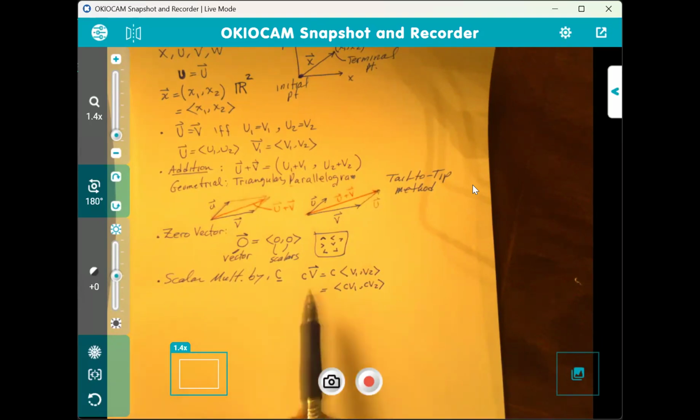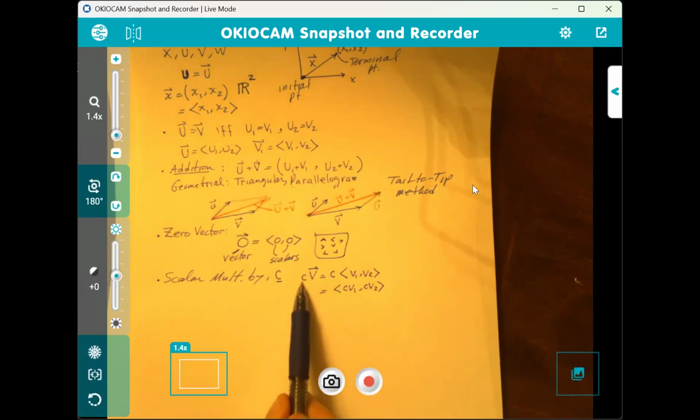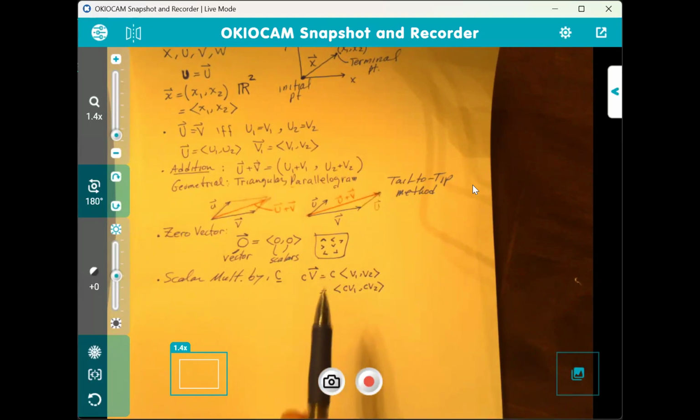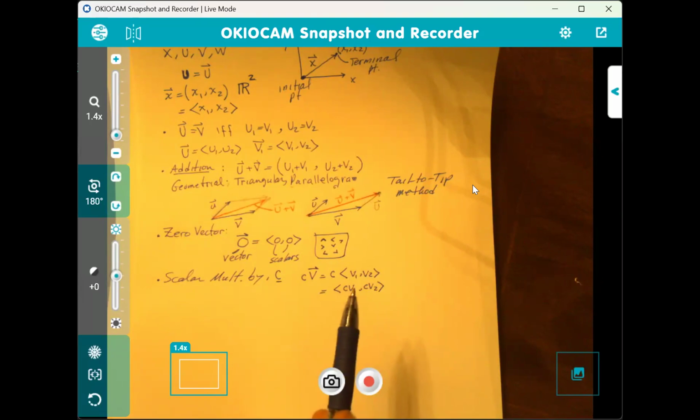So for example, whatever vector V is, if I do 5V, it's going to be 5 times the magnitude of vector V. Okay, so if vector V, for example, is a unit vector, meaning length 1, 5 times V would be a vector of magnitude 5, length 5.